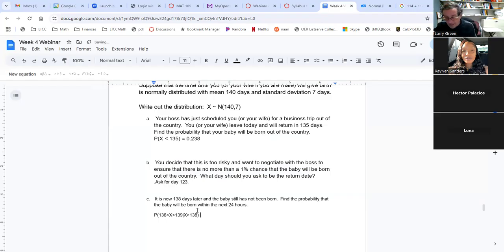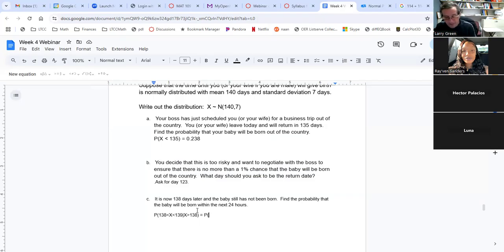Okay, then there was a formula. The probability of A given B is the probability of A and B divided by the probability of B. Well, if it's between 138 and 139 and it's greater than 138, that's the same thing as just being between 138 and 139.